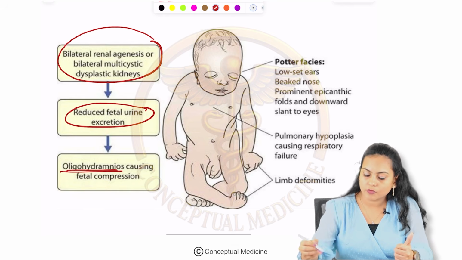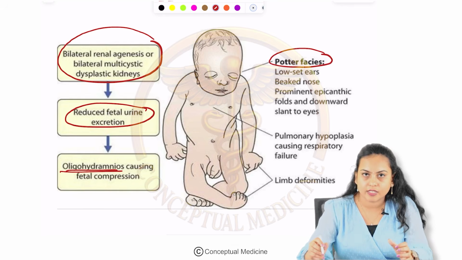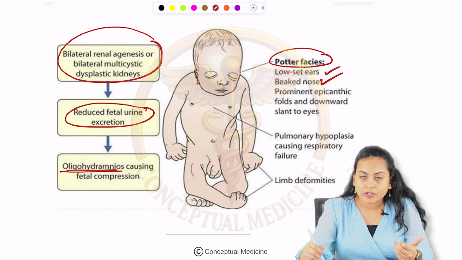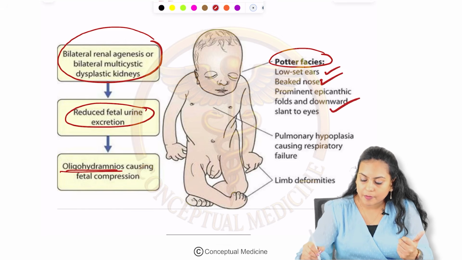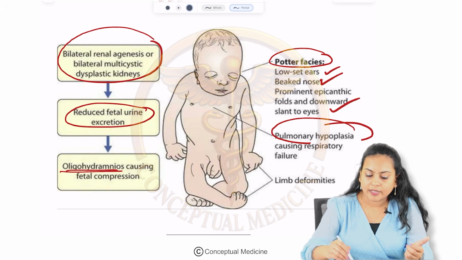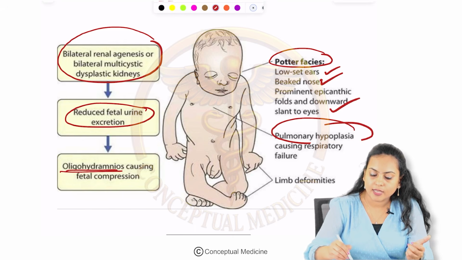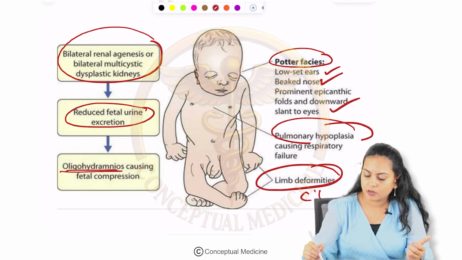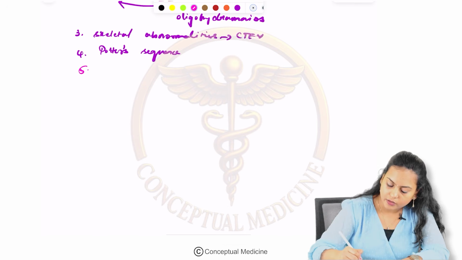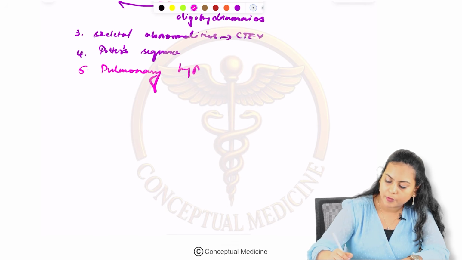The features you will see are known as Potter's facies: low set ears, a beaked nose, prominent epicanthic folds, that is downward slanting eyes. Then there can be pulmonary hypoplasia that can cause respiratory failure, and limb deformities like CTEV. Okay, so this sequence can happen. And another one is pulmonary hypoplasia.